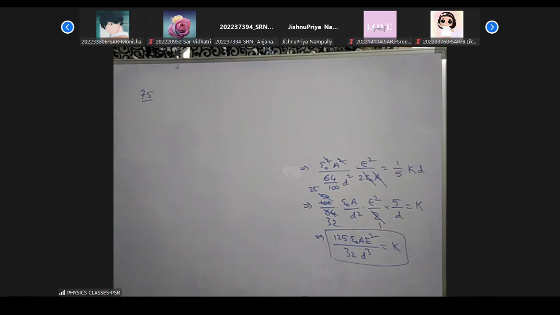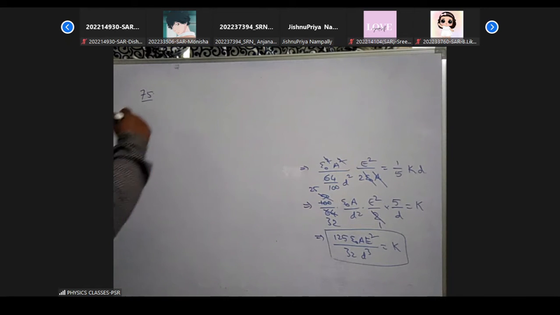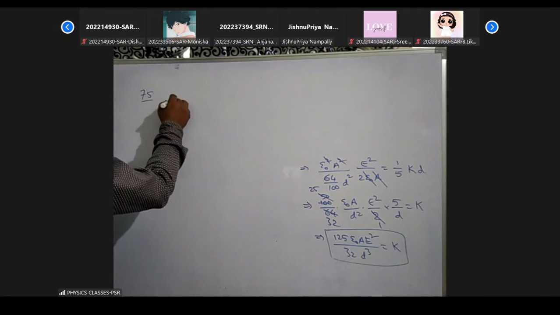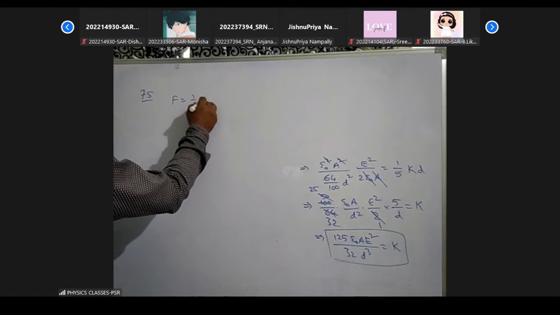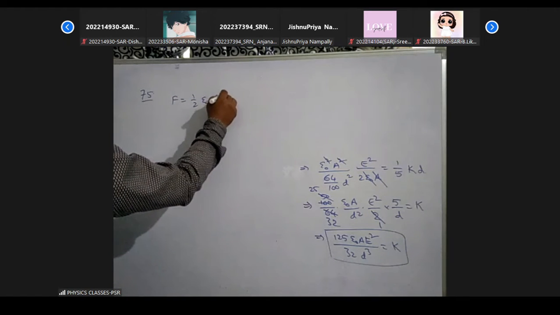The electrostatic force between the metal plates of an isolated parallel plate capacitor C having a charge Q and area A is F equal to half epsilon naught A E square.